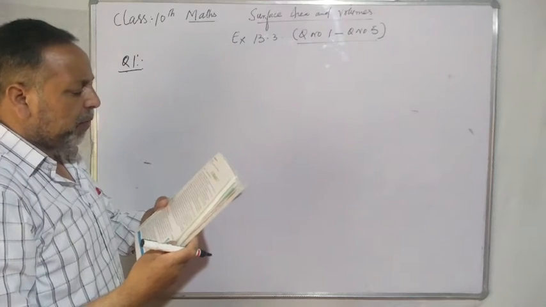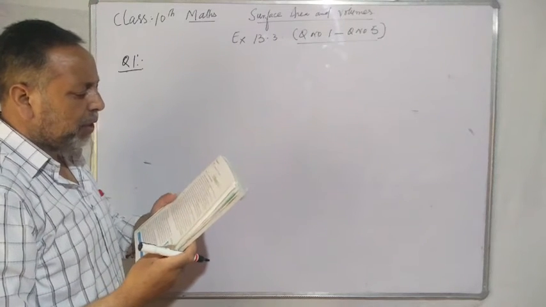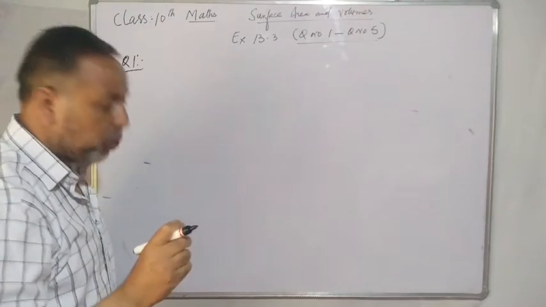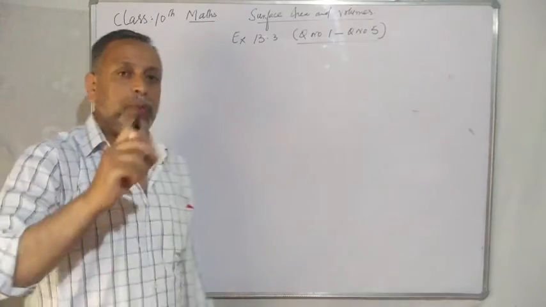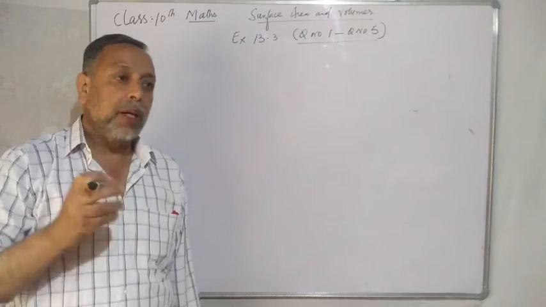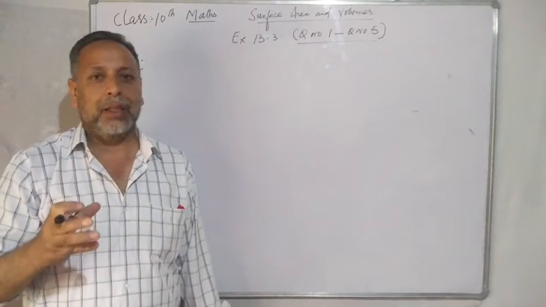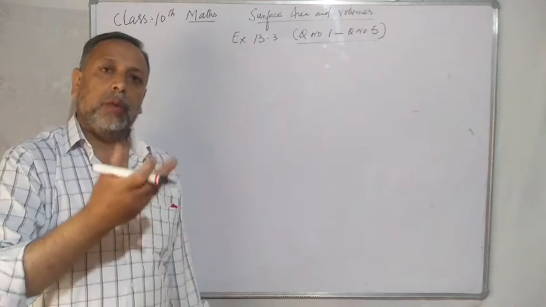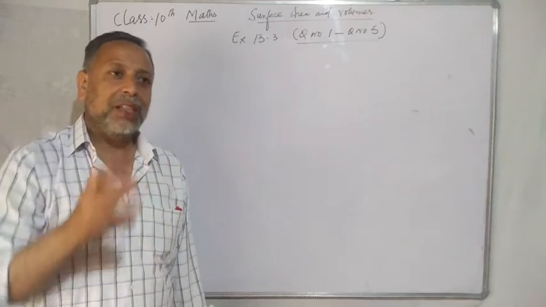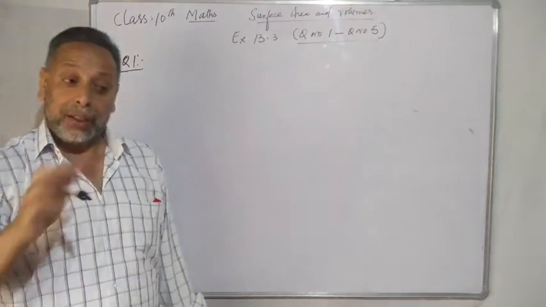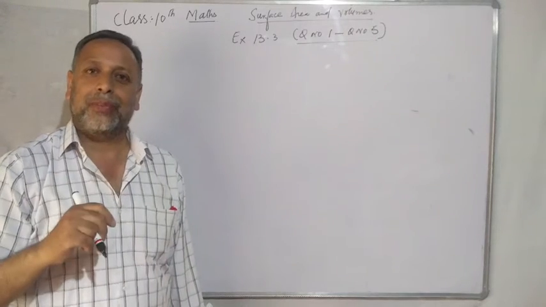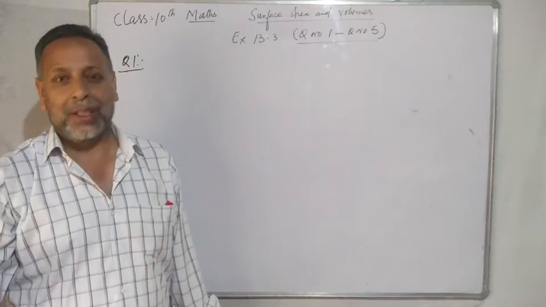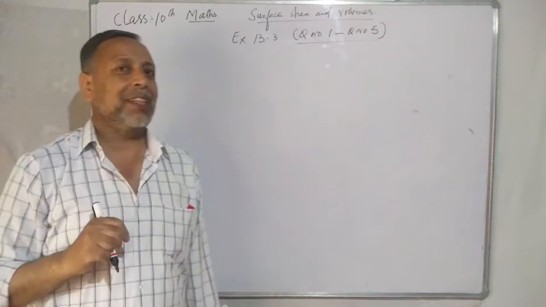A metallic sphere of radius 4.2 centimeter is melted and recast into the shape of a cylinder. Students, here I want to tell you one thing: when we melt a solid and recast it into another solid, the volumes of the two solids, the solid that is melted and the solid that is made, are always equal.